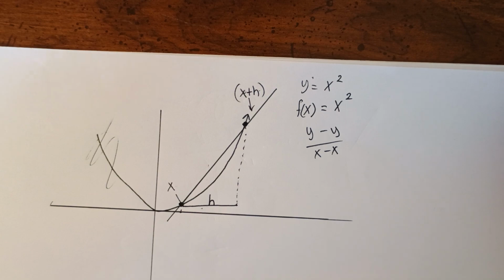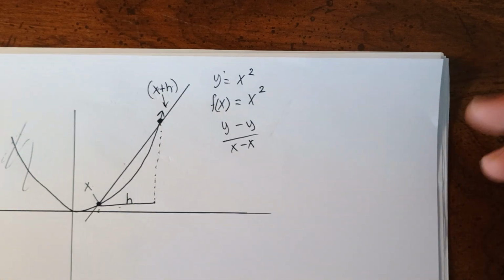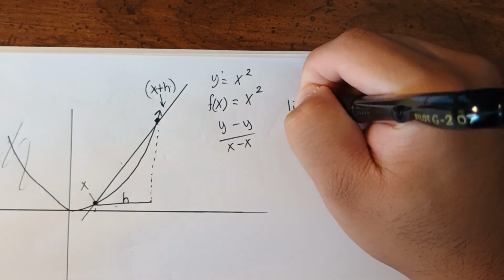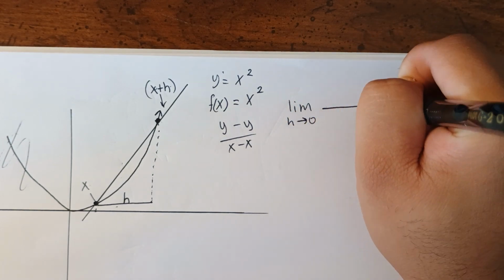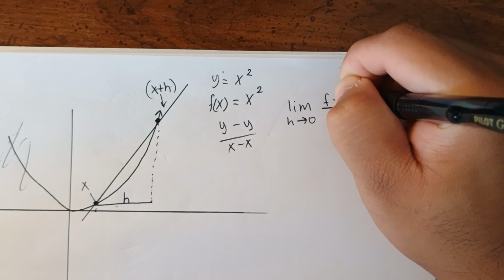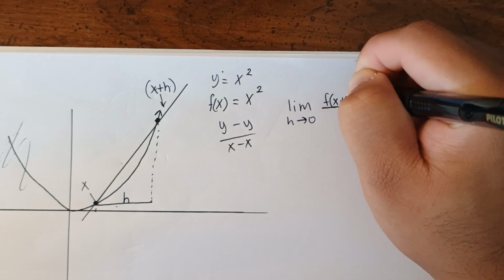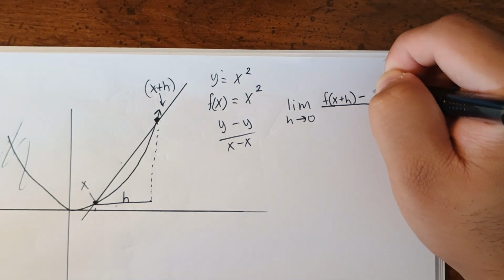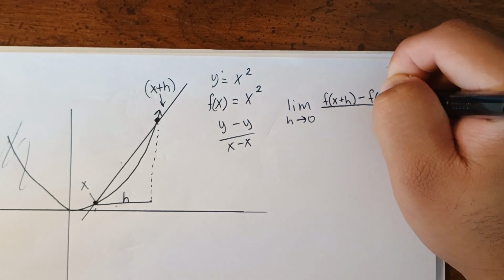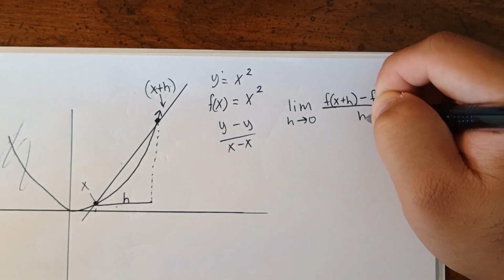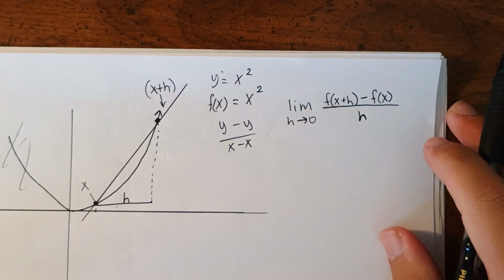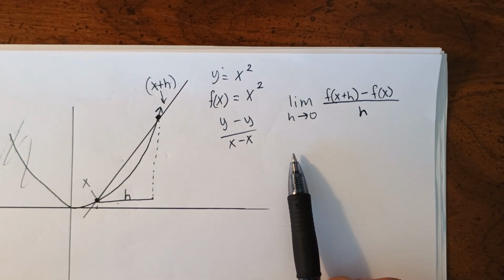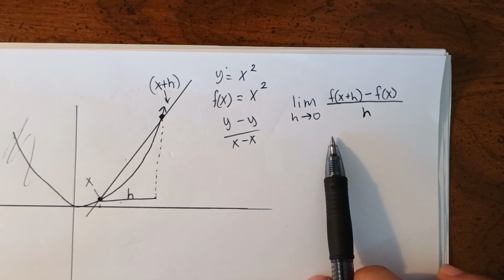And now the whole concept, I'm going to write the limit definition out here on the side. This is an h. So this is the limit definition for a derivative. This is how you would do it the long way.